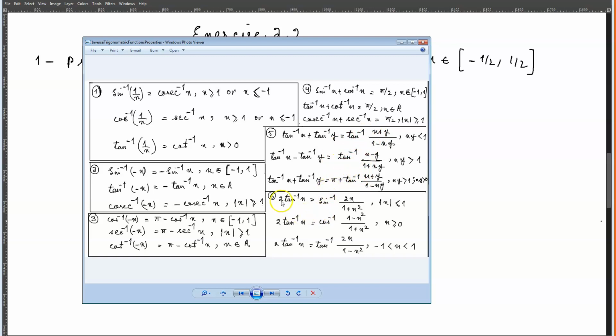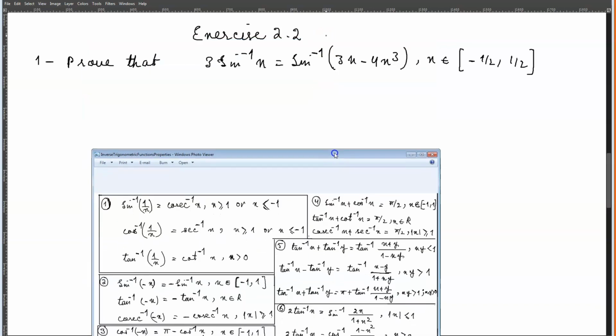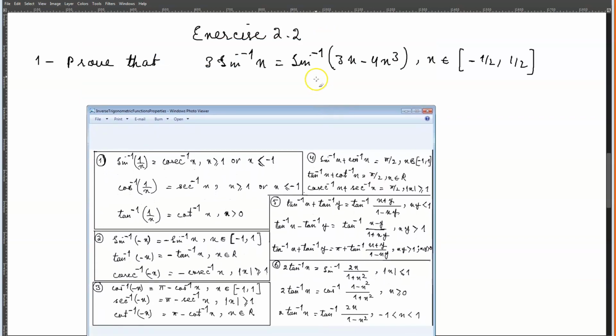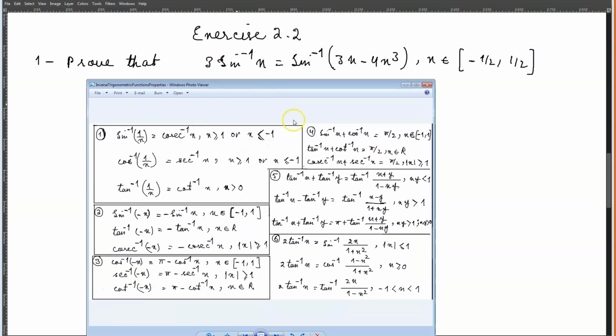And then we have 2 times tan inverse equal to sine inverse, 2 times tan inverse equal to cos inverse, and 2 times tan inverse equal to tan inverse of something. And so I think that there is no way to use these over here.